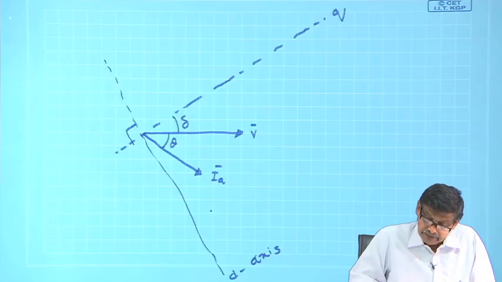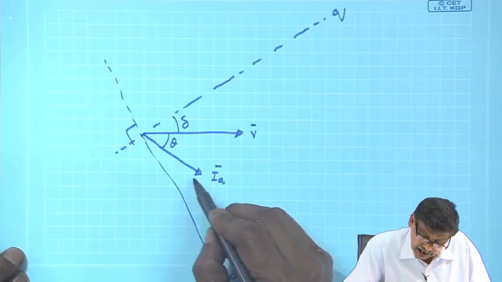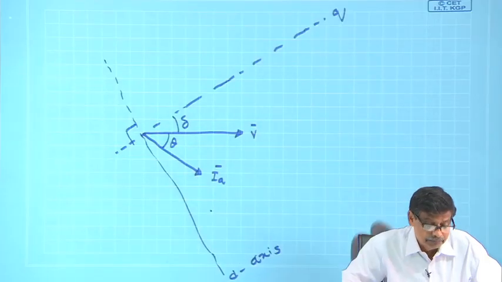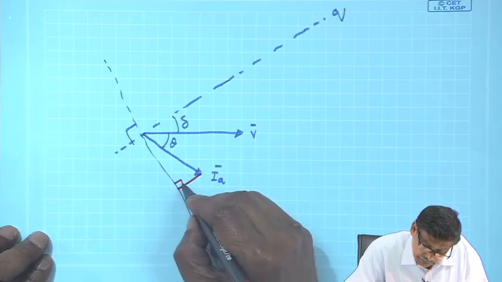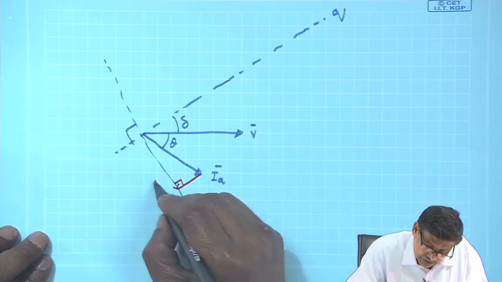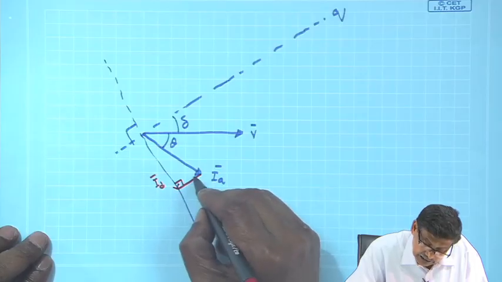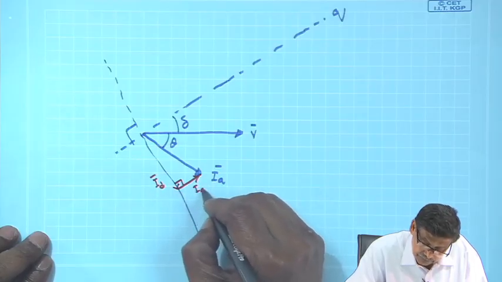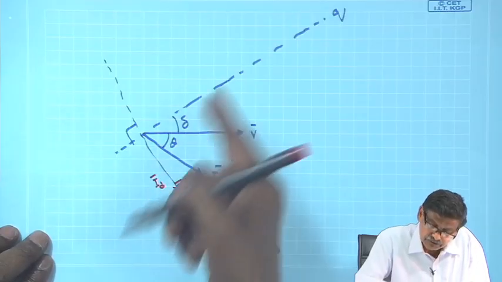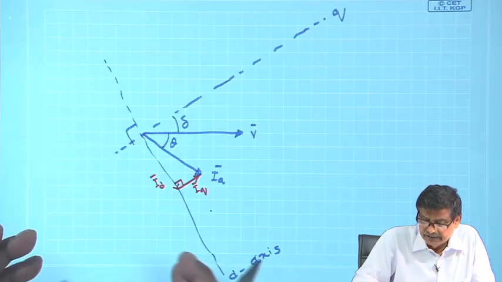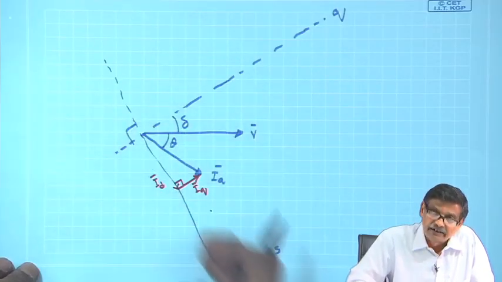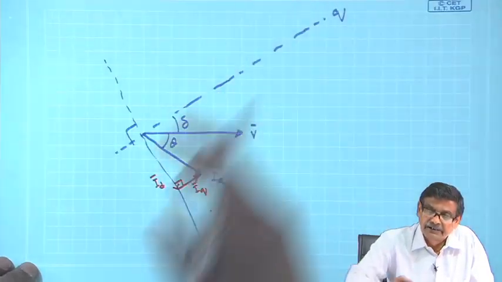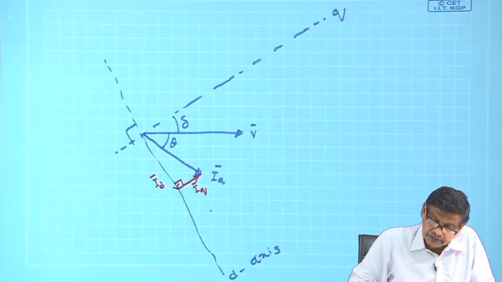Once I know this, I will be able to break up this current, drop a perpendicular here, this will be your I d and this will be your I q along these two axes, so that the corresponding MMFs will always see constant reluctance along d and constant reluctance along q.